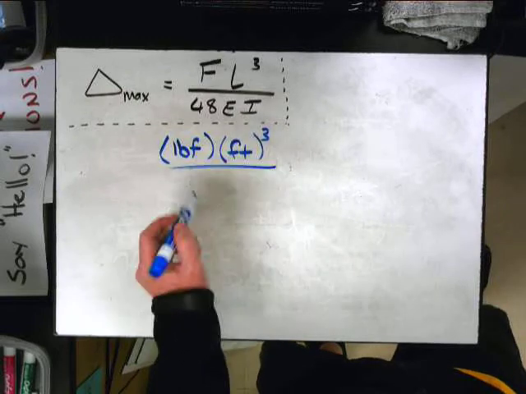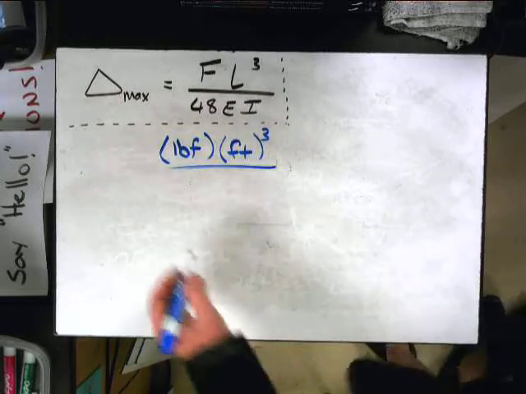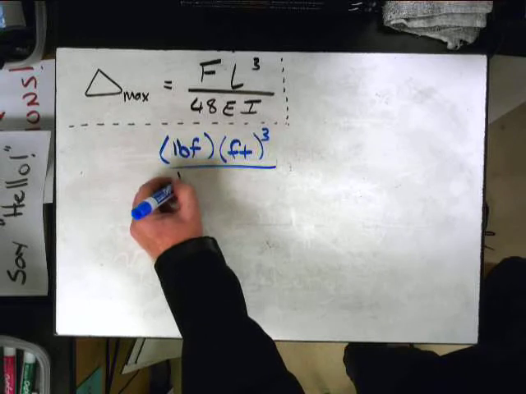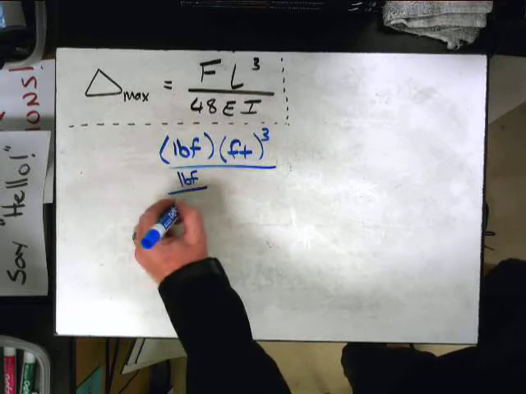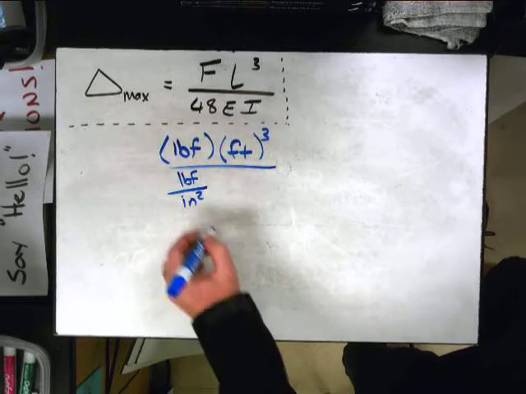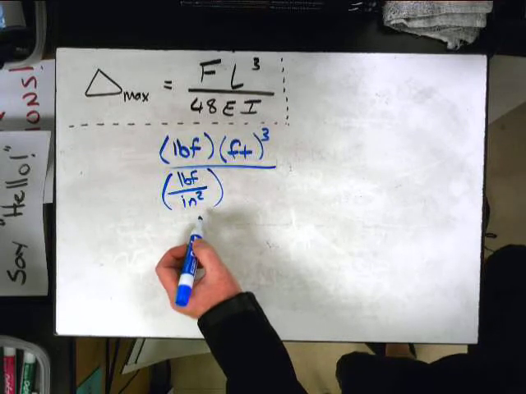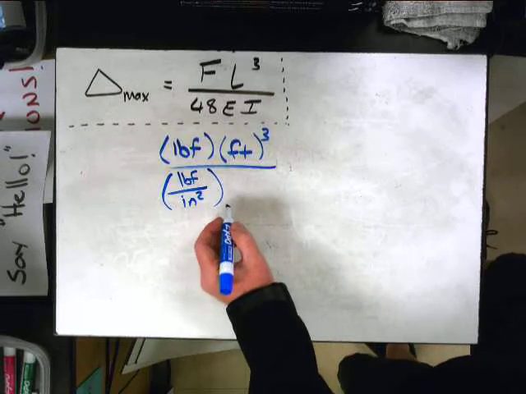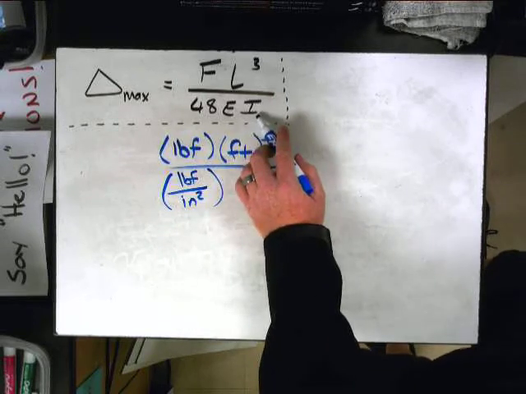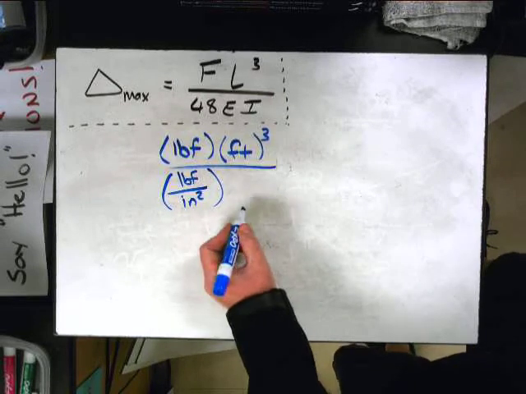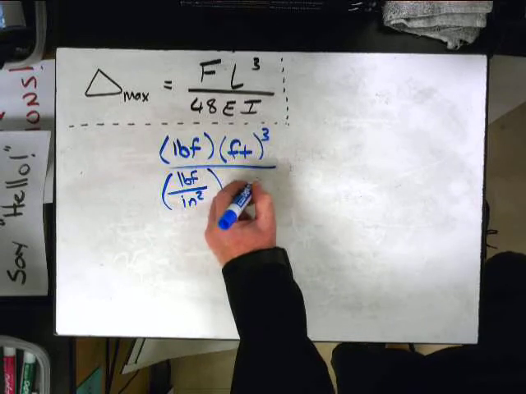The elastic modulus was measured in PSI, so that's pounds force per inch squared. Those are the units of elastic modulus, pounds per square inch. And area moment of inertia is in inches to the fourth power.